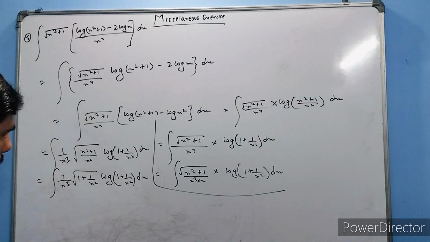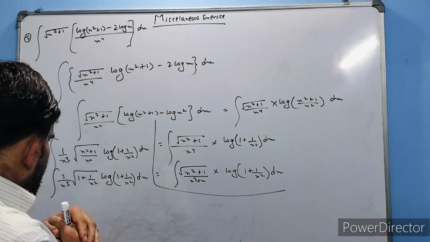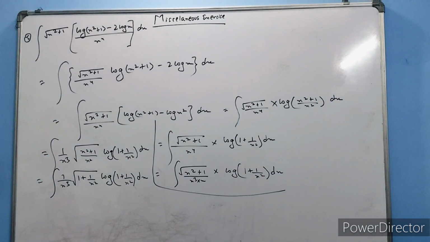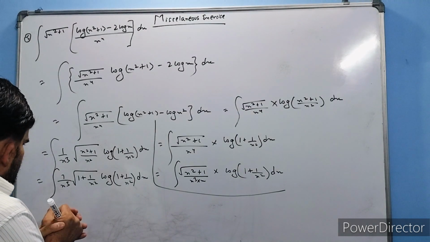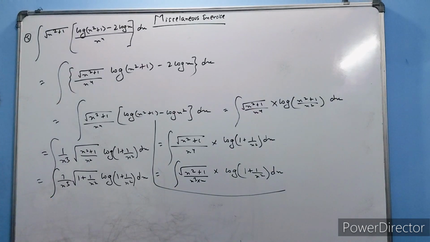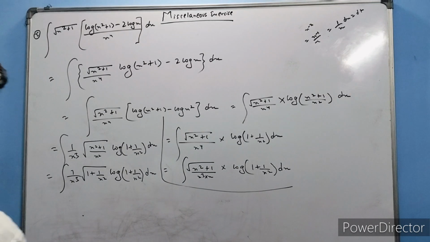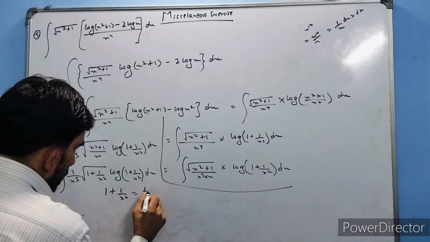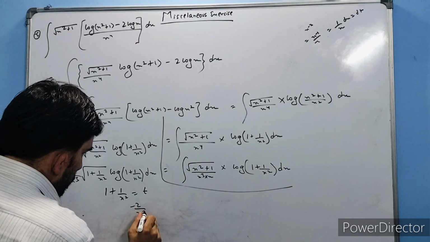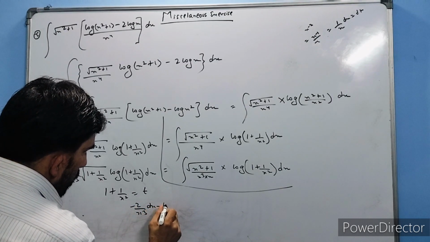Now what we can do here is, we'll try to take 1 plus 1 upon x square. Okay, so let's see what we can do here now. We'll take this is equal to t, so that minus 2 upon x cube dx is equal to dt.